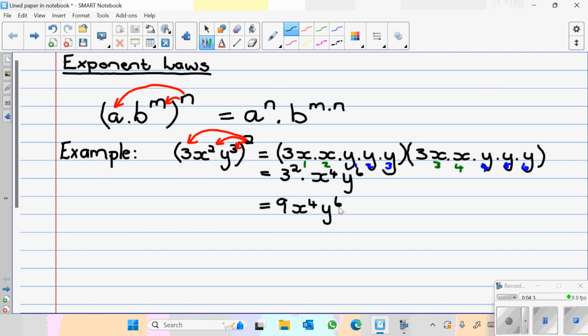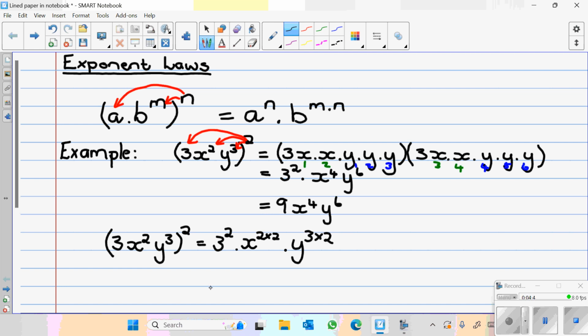I could have just said it is (3x squared y cubed) to the power of 2 equals 3 to the power of 2, x to the power of 2 times 2, and y to the power of 3 times 2.